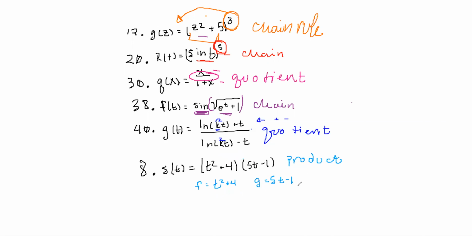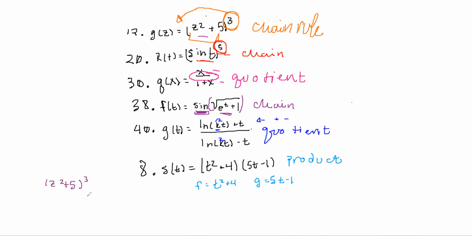Because here there is no function within a function. If I were to try to use the chain rule here, I would say, okay, so I have to pick one of these functions to be my f and pick one of these functions to be my g. And I know that they're nested within one another if it's going to use the chain rule. So the difference between that is we have z squared plus 5, this is just what we had up there, to the third.